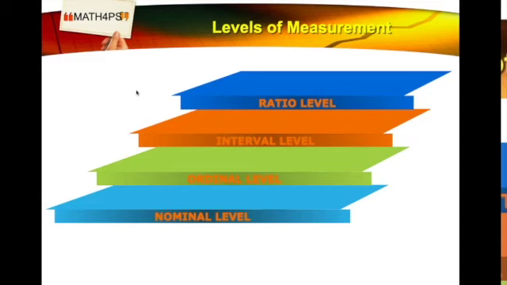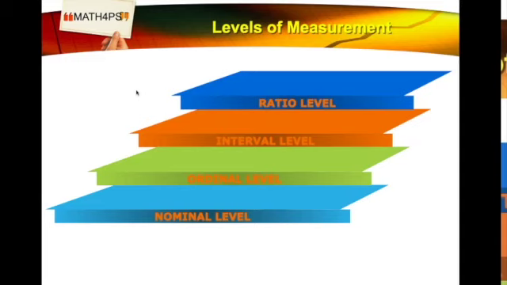It is also wrong to interpret that when the IQ score of one person is 120 and the IQ score of the other person is 60, then the first person is twice as intelligent as the other person. That is also a wrong interpretation.